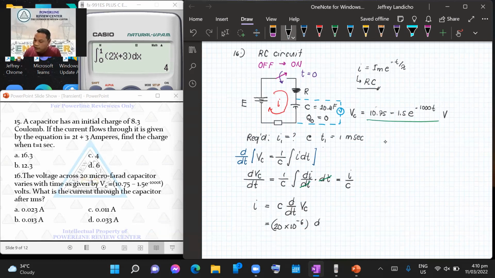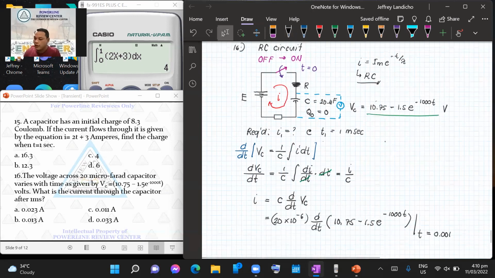Use the derivative function of your calculator. Enter the voltage equation, 10.75 minus 1.5 e raised to negative 1,000 t. The limit at t equal to what? 1 millisecond, so that is 0.001. Then equals, that should be the current in the circuit.